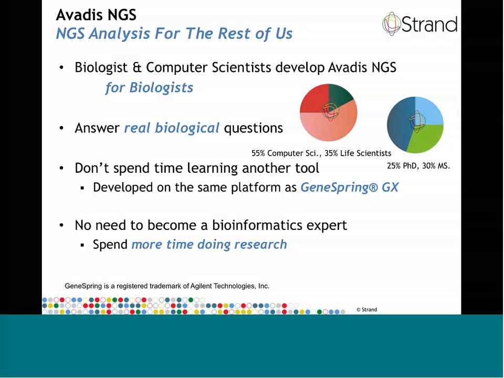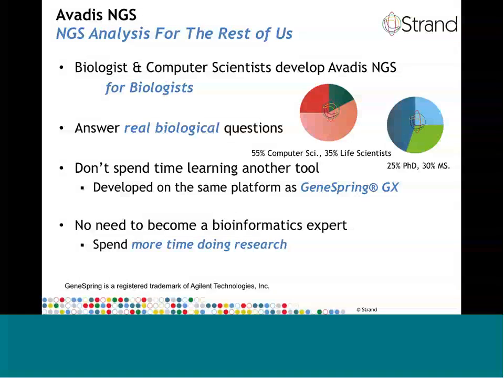Since Avadis NGS is built on the same platform as GeneSpring GX, people who know how to use GeneSpring can immediately get started with Avadis NGS, since it has the same look and feel as GeneSpring, and many of the features behave in the same way. This avoids the painful learning curve that is often associated with starting to use a new tool and ensures that you get your results faster.